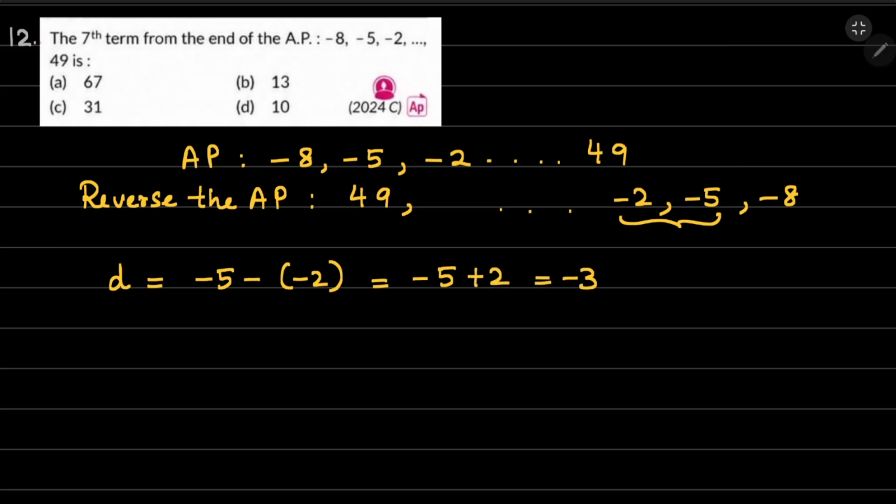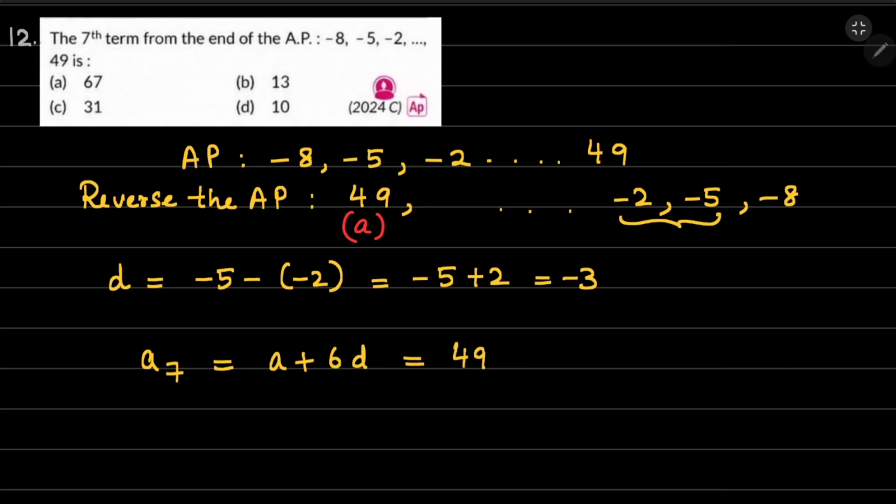So your D, now you have flipped it, right? The given AP has been reversed. So your first term would be A is equal to 49. This is your A and minus 3 is your D. So now you can calculate the seventh term from the beginning, which is A plus 7 minus 1, that is 6D. So what is A?